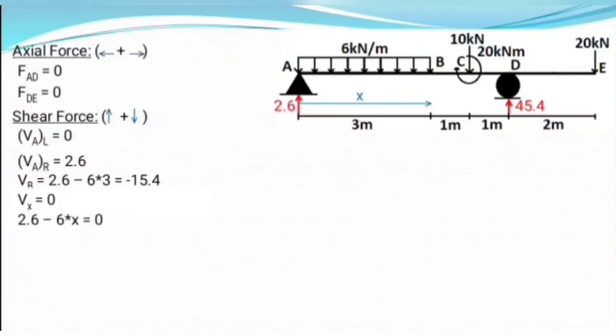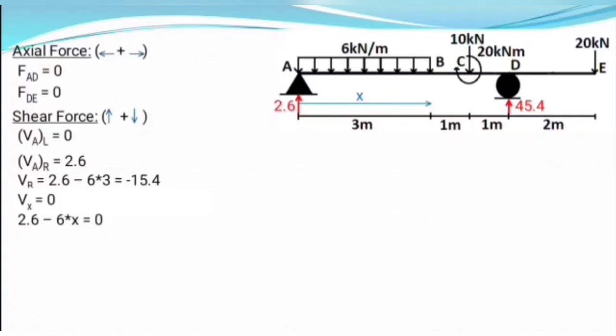On the left of that point we have one vertical force, a point force acting upward with intensity 2.6, and another vertical force, a UDL acting downward with intensity 6 kN per meter.